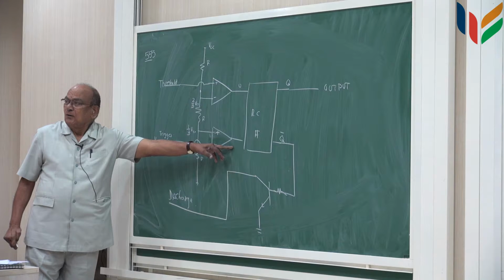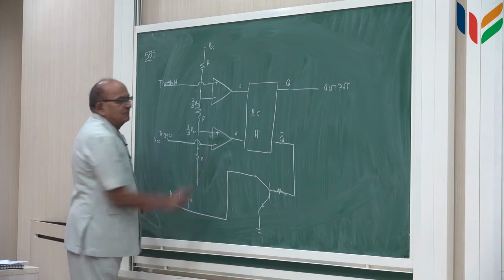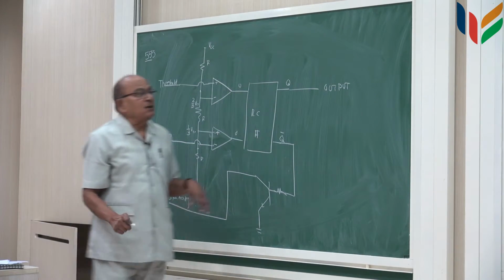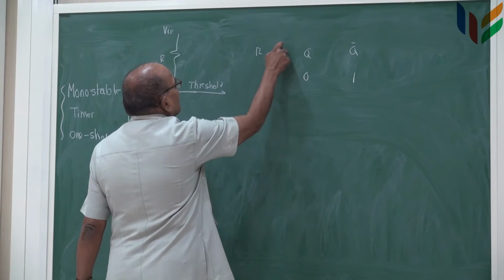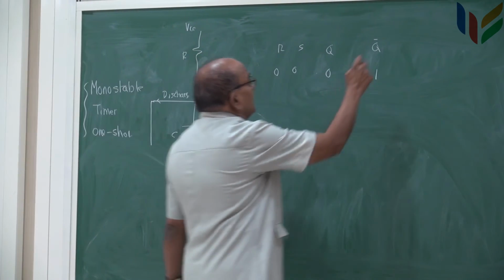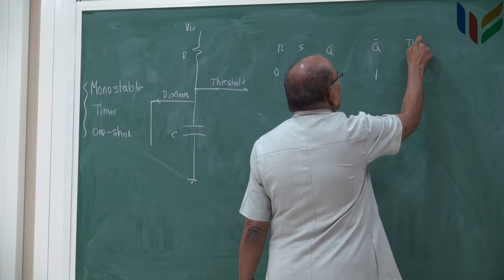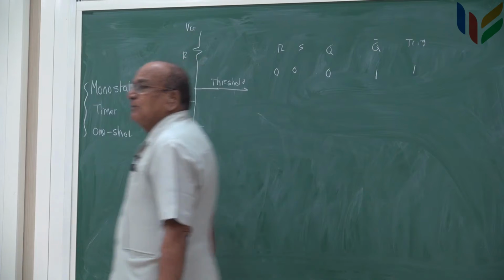Output will also be 0. So R is sitting at 0 and S is sitting at 0 and the trigger is sitting at 1 or high level.